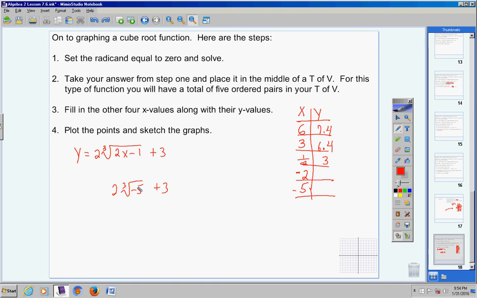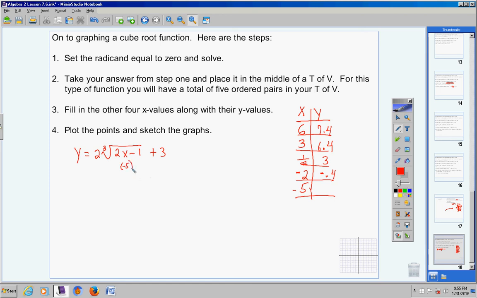It's totally fine. Okay, so here we go. I'm going to hit math option 4. That's cubed root, and then negative 5. Enter. Times 2. Enter. Plus 3. Enter. And I'm getting negative 0.4.